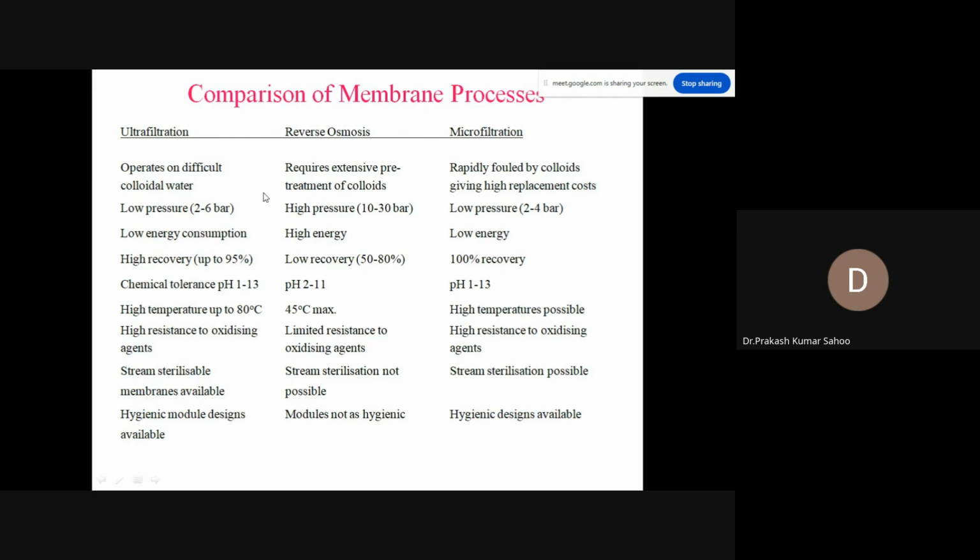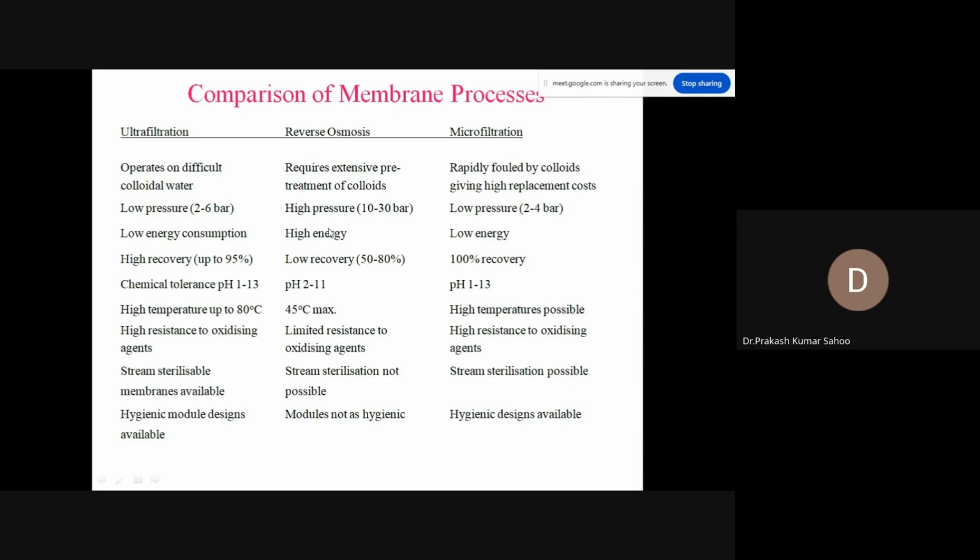So this is the basic difference between ultrafiltration, reverse osmosis, and microfiltration. Ultrafiltration operates on liquid colloidal water. Osmosis requires extensive treatment of colloids. Microfiltration is rapidly clogged by colloids, giving high replacement cost. In ultrafiltration we have low pressure, that is 2 to 6 bar; in reverse osmosis high pressure, 10 to 30 bar; and in microfiltration low pressure, 2 to 4 bar.